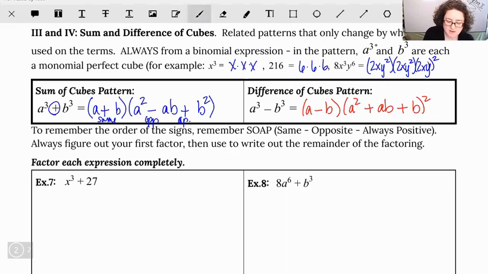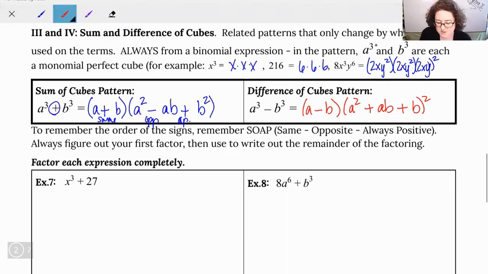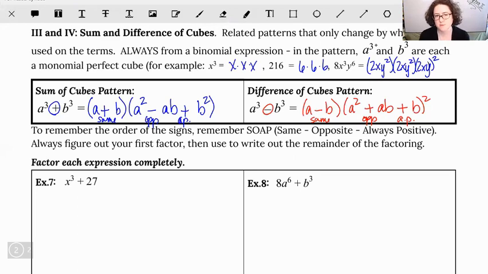And it's the same thing in difference of cubes. So we started with a negative, we have the same sign, we have the opposite sign, and the last one is always positive. And so no matter whether you're dealing with sum of cubes or difference of cubes, the order of the terms and how you fill those in are always the same, and then just follow your pattern for your signs. So let's try this out on a few different problems.